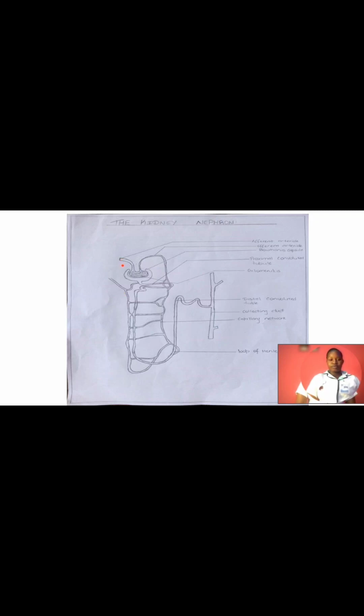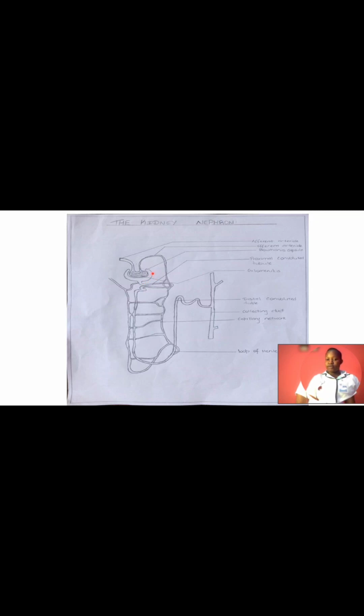Now, right here is the afferent arteriole. Beside the afferent arteriole is the efferent arteriole, which is this loop right here. Below the efferent arteriole is the Bowman's capsule, which is this cup-like shape.